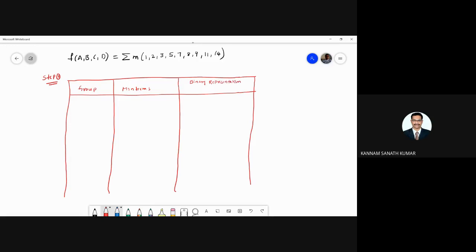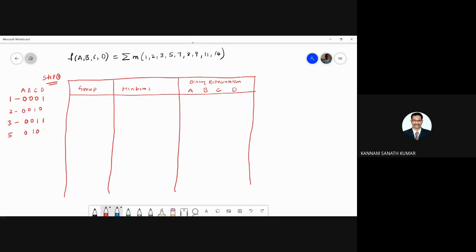Binary representation is A, B, C, and D. These are the minterms. For 1, it is 0 0 0 1. For 2, 0 0 1 0. For 3, 0 0 1 1. This is the binary representation of the given minterms.